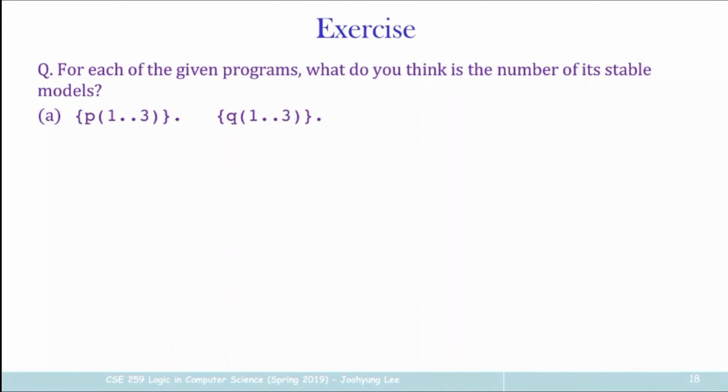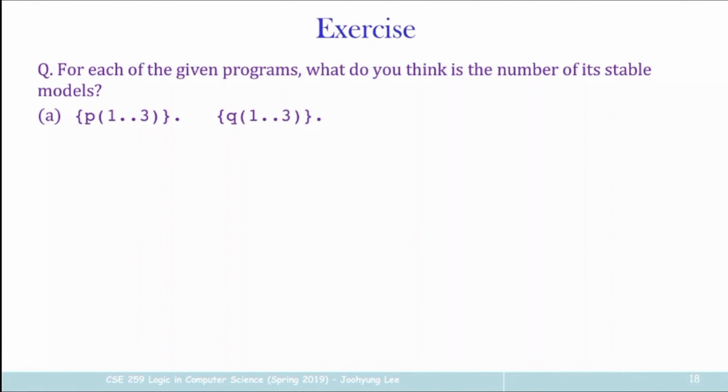Participation credit. Who will answer this question? 16. So what is your reasoning? There are 3 elements in P, so 2 to the 3, which is 8. And then Q has 3 elements, 2 to the 3, which is 8, and then add those: 8 plus 8 is 16.